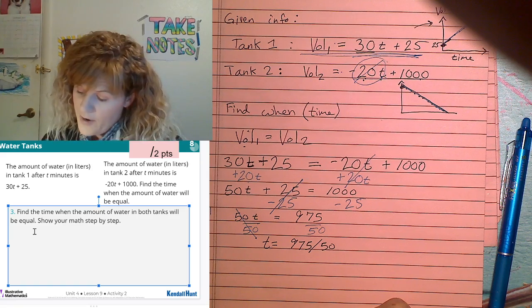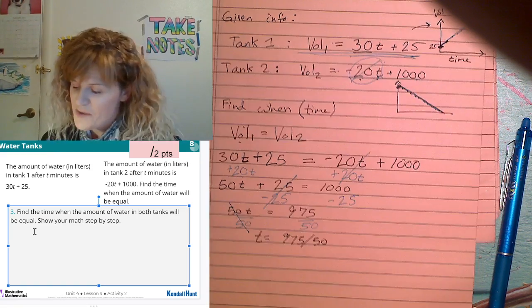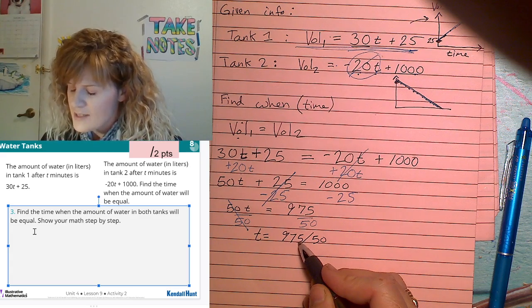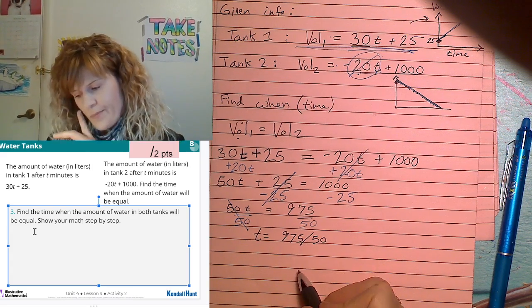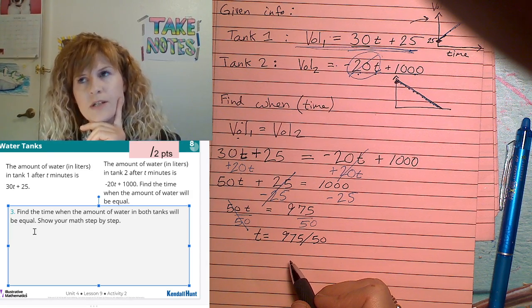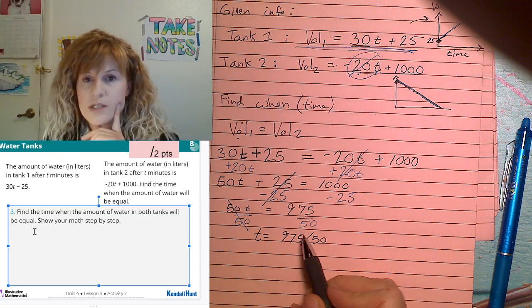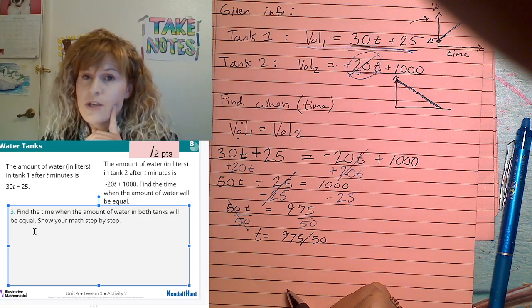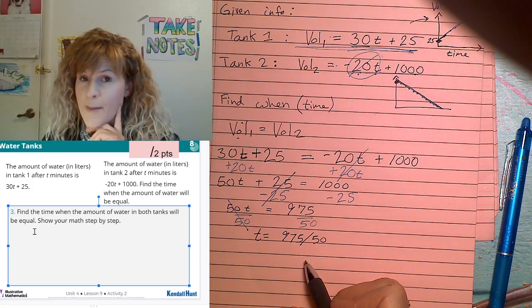I'm pretty good at fractions, but if you're not, this is a great chance to review. Okay, so this is an improper fraction. Is that right? An improper fraction? Yeah, it's called an improper fraction because the numerator is larger than the denominator. You need to reduce the fraction and we'll get a mixed number.